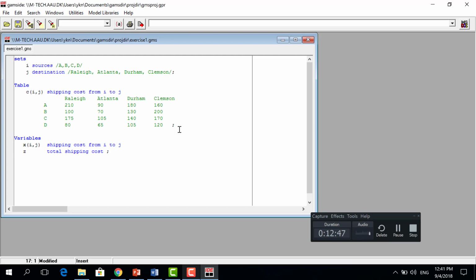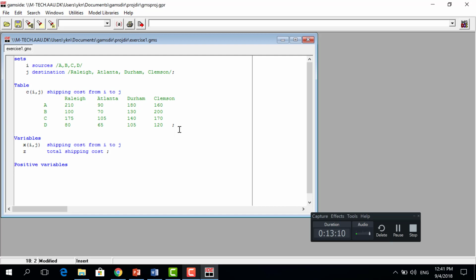What is left? We have to define what kind of equations are involved in the model. So here we have positive variables. It is also good to mention that these variables cannot be negative by defining them as positive variables.